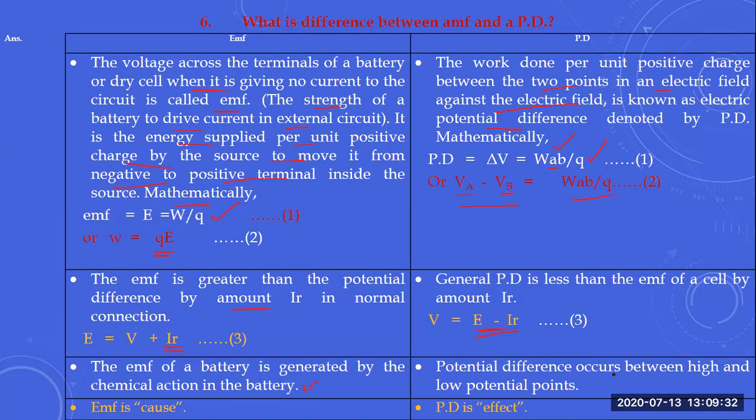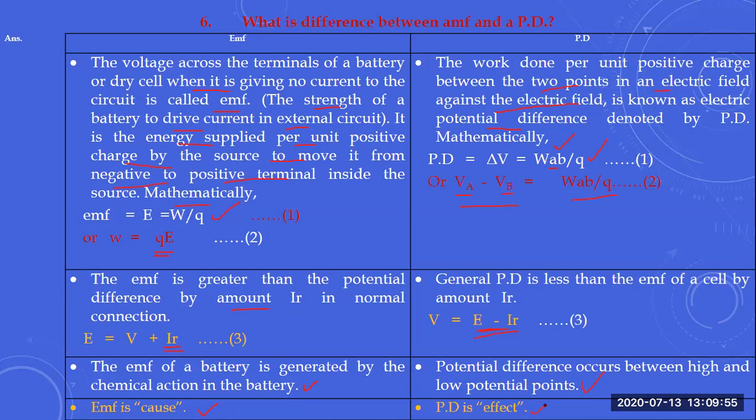The potential difference occurs between high and low potential points. So that's the most important thing. Now the EMF is the cause and the potential difference is the effect, which I have discussed in detail. What's the cause when you use a ball and apply a force on it?